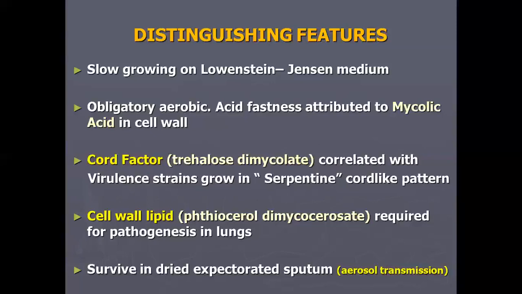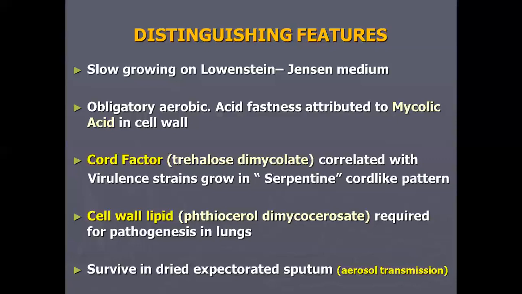We will see in the next slide how this growth looks. I'm sure that we have seen the slide of Mycobacterium tuberculosis, and we have shown you the cord factor that gives the serpentine-like growth of the microorganism.